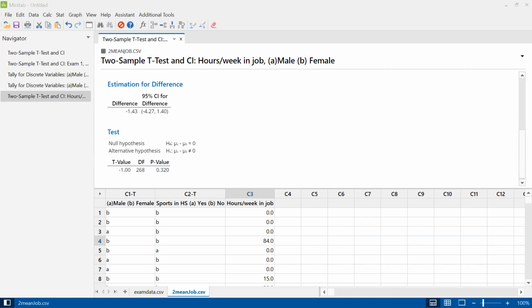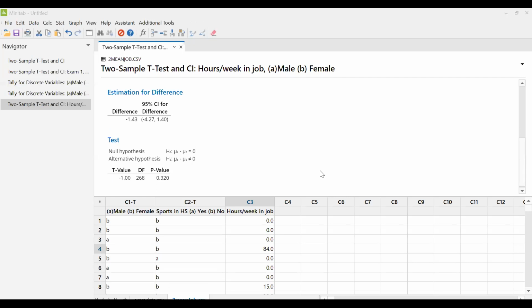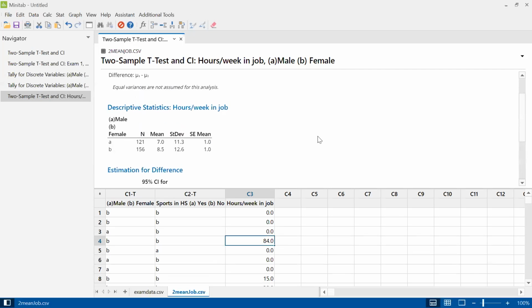That's greater than 5%, which I didn't say earlier, but I was planning on using that as my testing level. So we do not have evidence of a difference. So even though the females in our sample worked more hours, we're going to just put that down to luck.